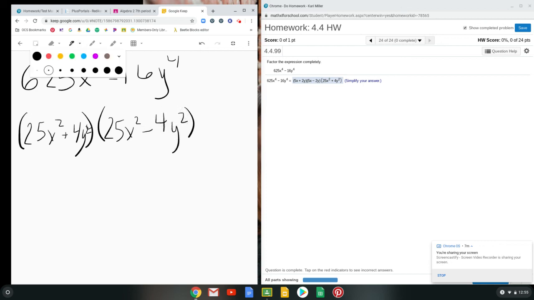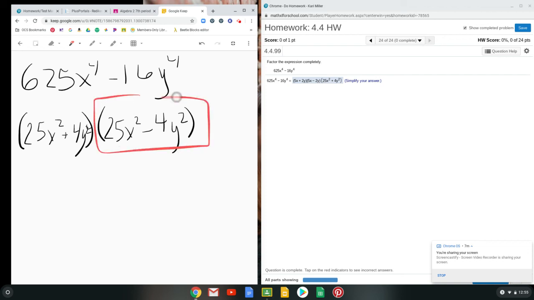What's really interesting about this problem is that this right here is another difference of squares problem. In other words, it will factor again because 25 is a perfect square, we have an even exponent here, and 4 is a perfect square. So it will factor into 5x plus 2y, 5x minus 2y.